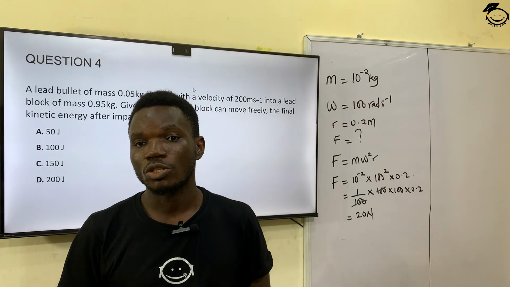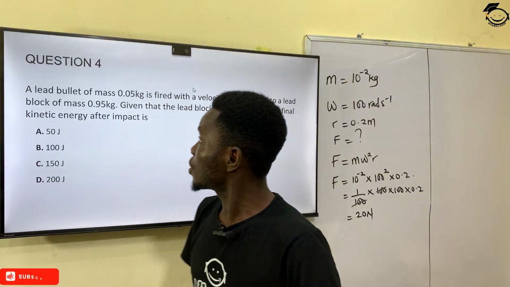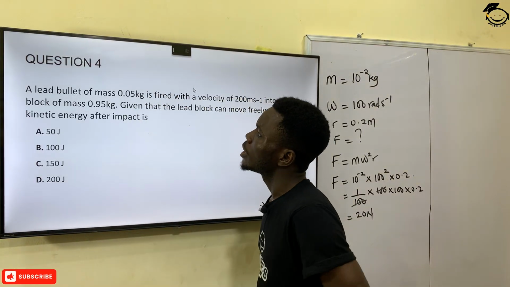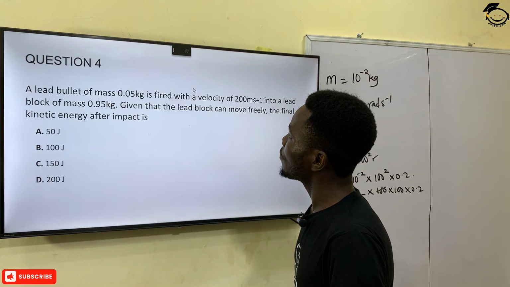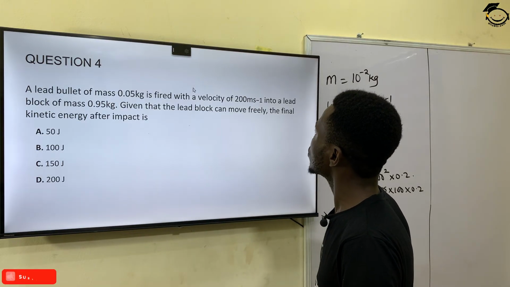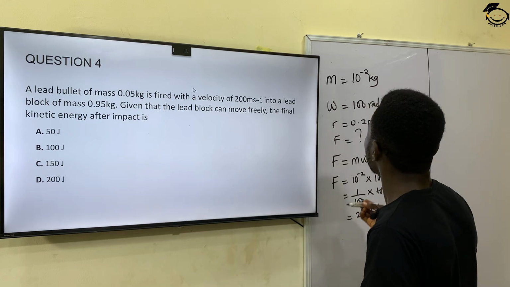So that takes us to question number 4, which says a lead bullet of mass 0.05 kg is fired with a velocity of 200 meters per second.